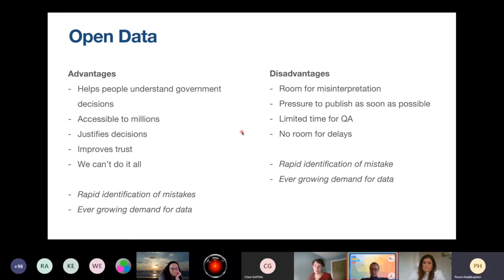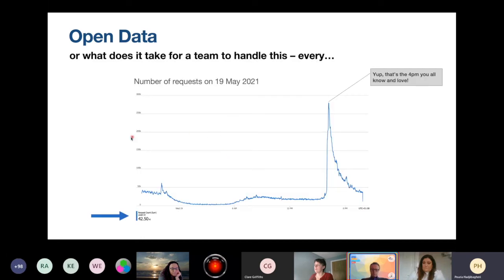So if something goes wrong, the likelihood of us having to delay the publication is quite high. We need to rapidly identify mistakes, and again, a very growing demand for data.